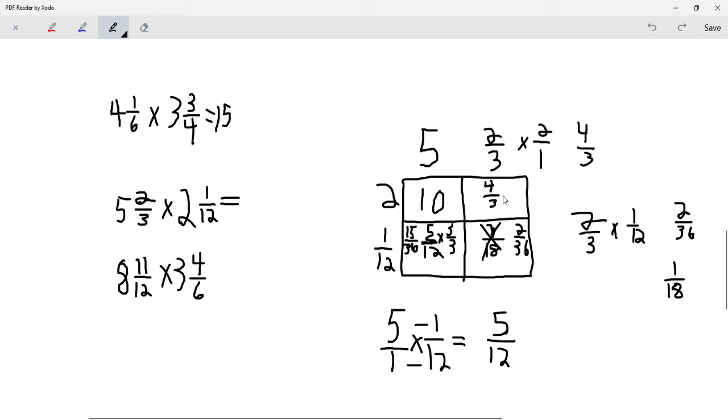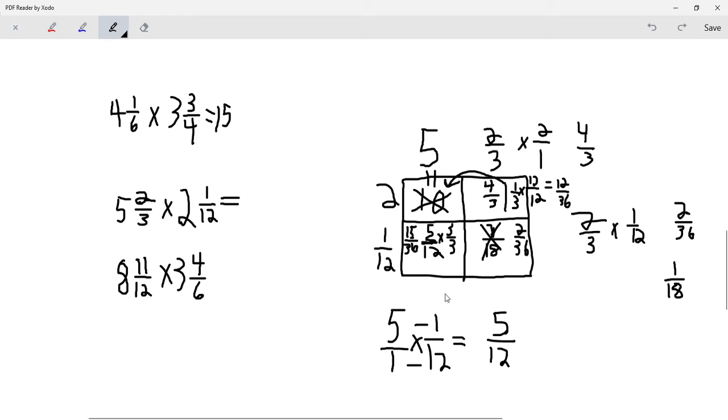And then 4/3 is 1 and 1/3. So we can actually keep the 1. We might as well just throw it over here and put this to 11. And then we can just have 1/3, which we have to multiply by 12/12, which then equals 12/36.